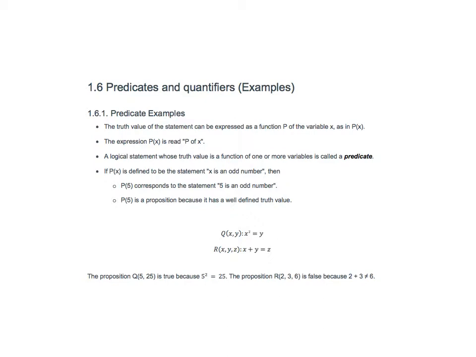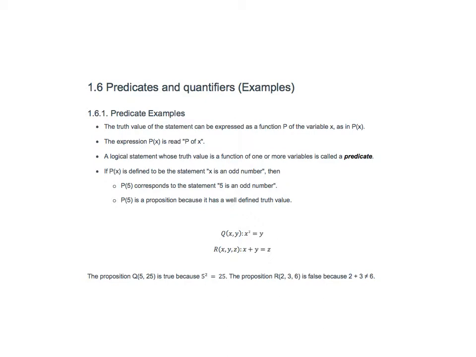Basically, if we show the truth value of a statement using a function like p of a variable like x, then p of x would be a symbol for a predicate, because a predicate is a logical statement whose truth value is a function of one or more variables.